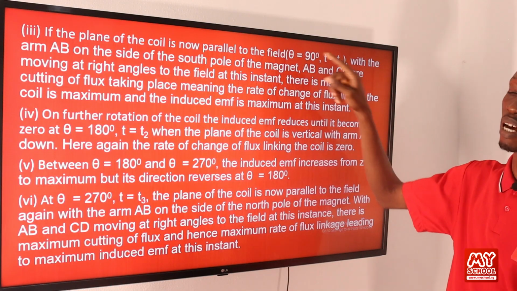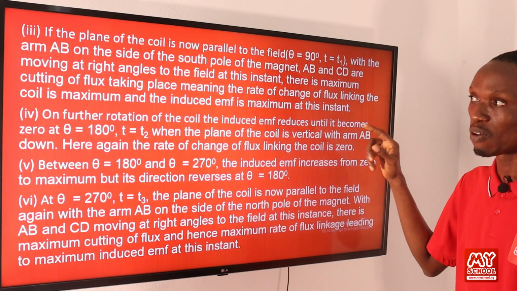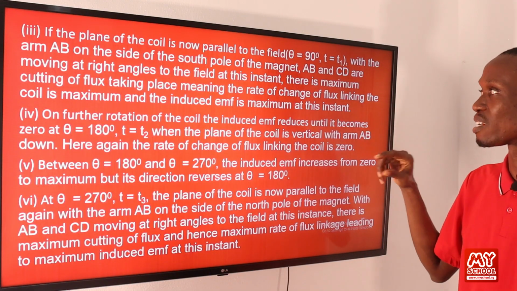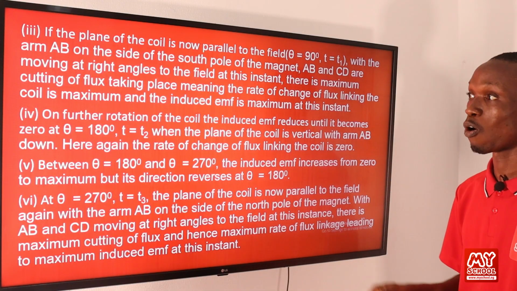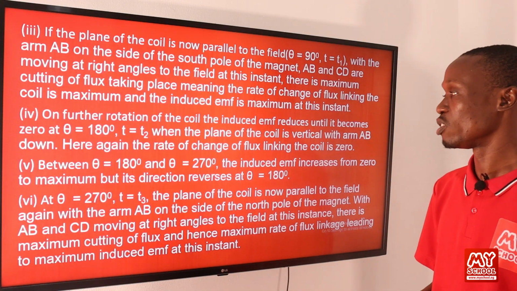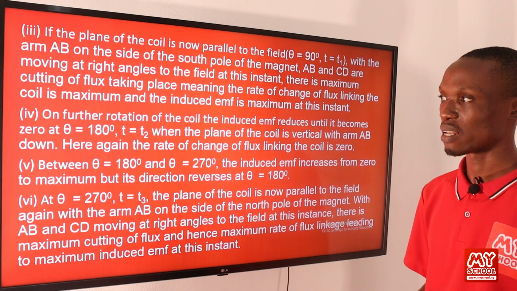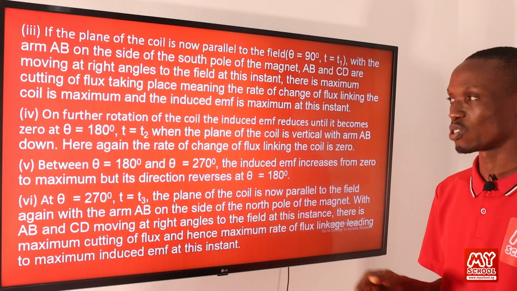That is when theta is equal to 90 degrees. Take note of that. The induced EMF is maximum, and the rate of change of flux linking the coil is also maximum. On further rotation of the coil, the induced EMF reduces until it becomes 0 at theta equals 180 degrees and t is equal to t2.